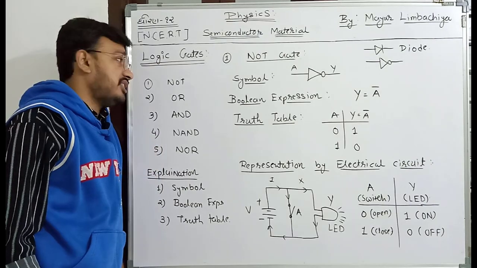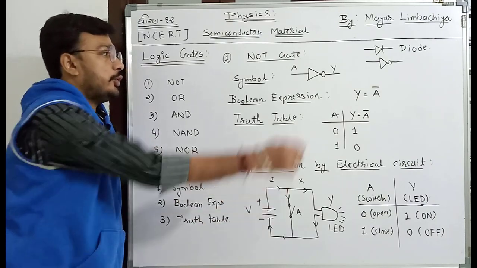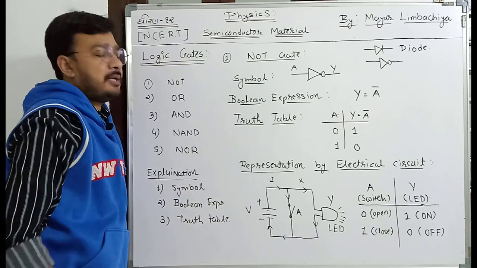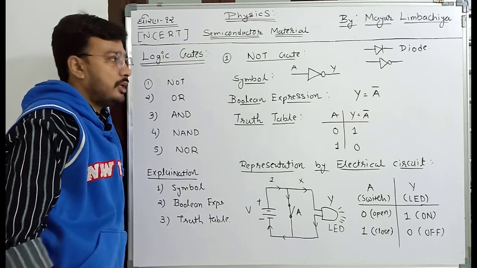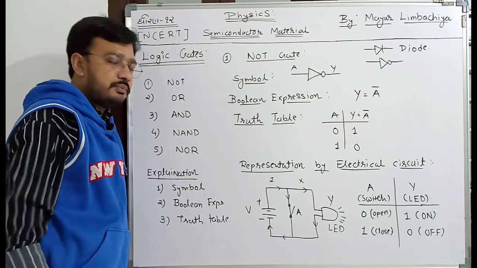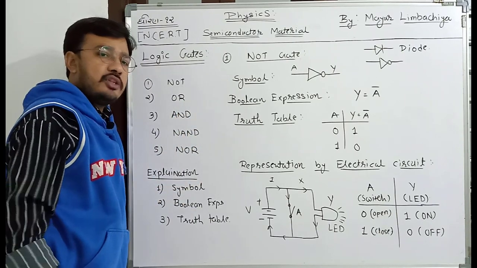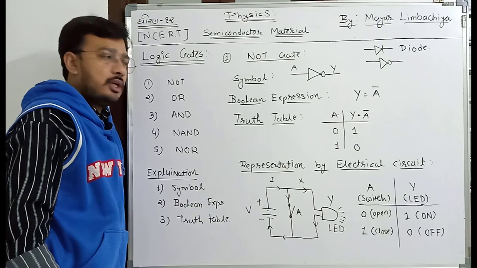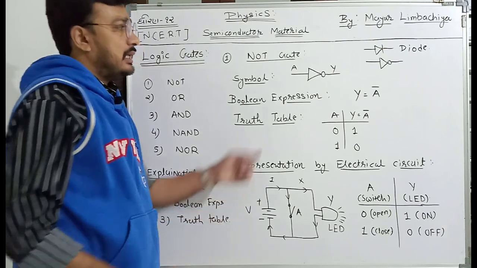So let's understand the first gate, the NOT gate. The first parameter is the symbol. You have to draw the symbol of the NOT gate. The symbol of the NOT gate is like this.